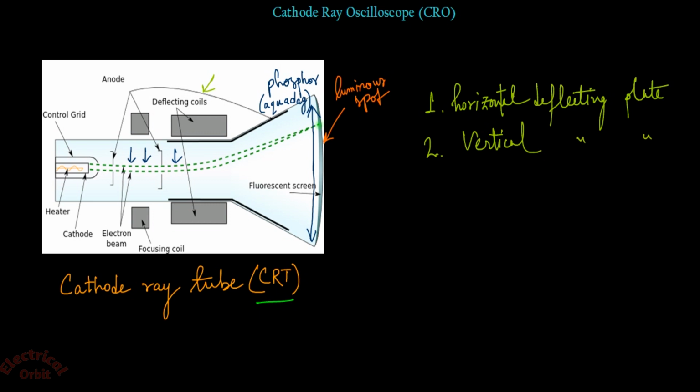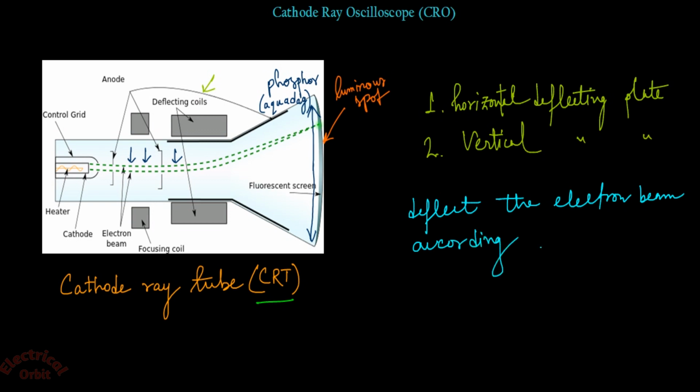These are used to deflect the electron beam according to the input signal. The position of these deflecting plates is in between the electron gun and the screen, in between these two components of the CRT tube.